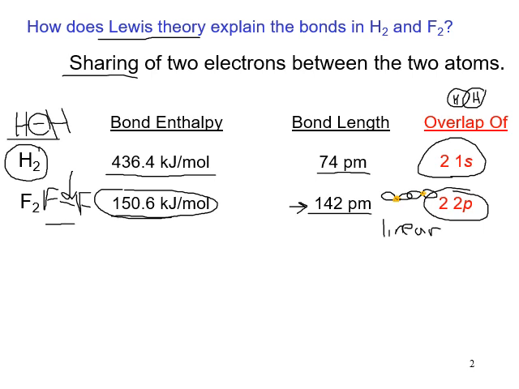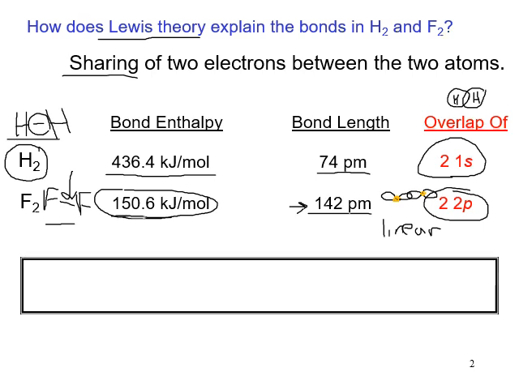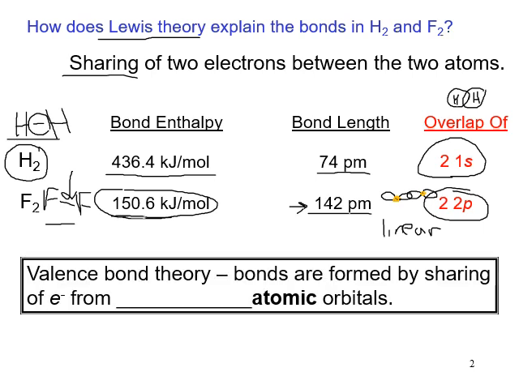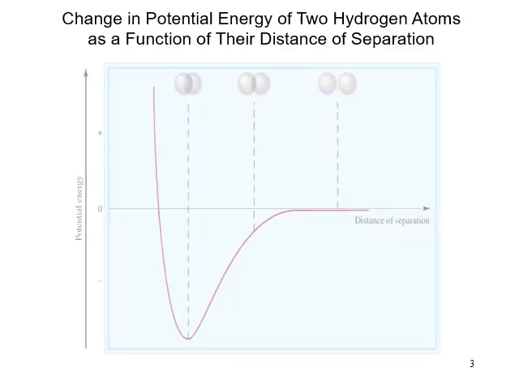And it would also explain the shape of the molecule. So this valence bond theory, VBT, says that bonds are formed by sharing of electrons from the overlapping atomic orbitals. See, that's the key word, atomic orbitals. An atomic orbital is the orbital of an atom alone. So we're going to see that this doesn't explain all of our observations of molecular shapes.